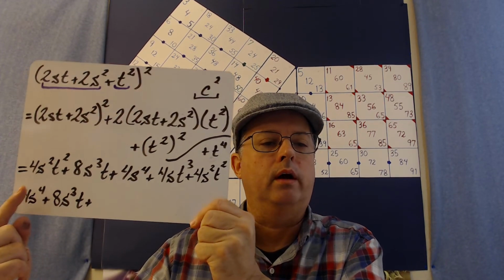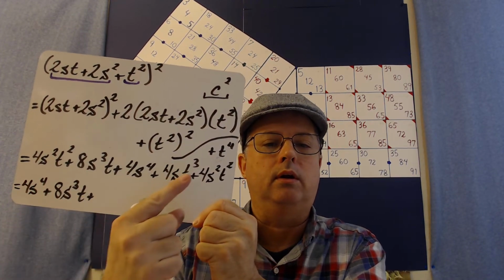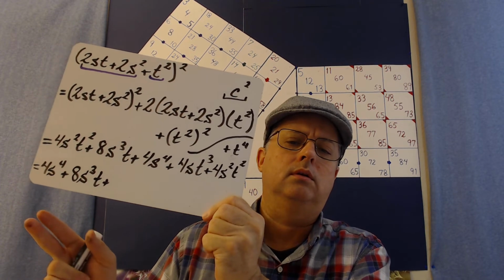Oh yeah, we have some s squareds. Okay, that's why it's hard to write it on the one line. Here we have 4s squared t squared and another 4s squared t squared. I think that kind of was happening before. Maybe you have a deja vu like I have here. Okay, so that's 8s squared t squared.